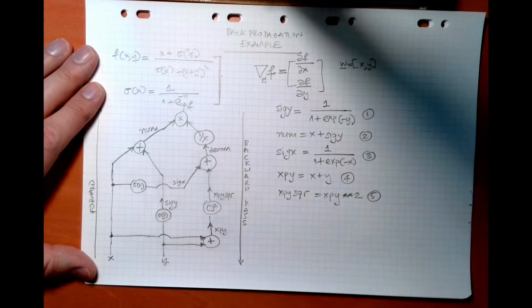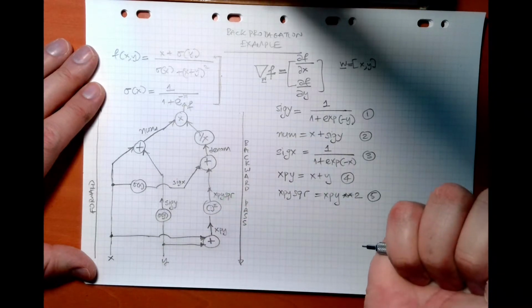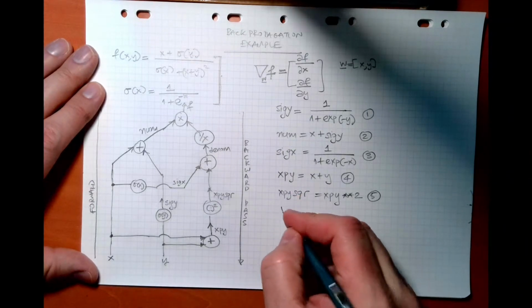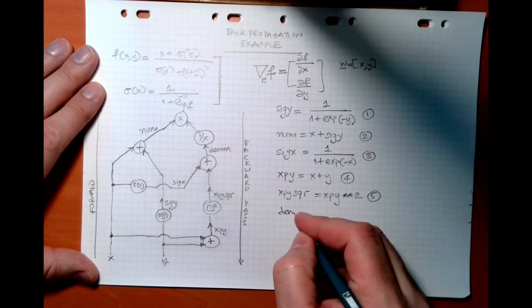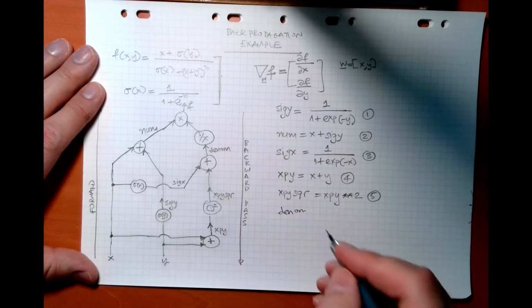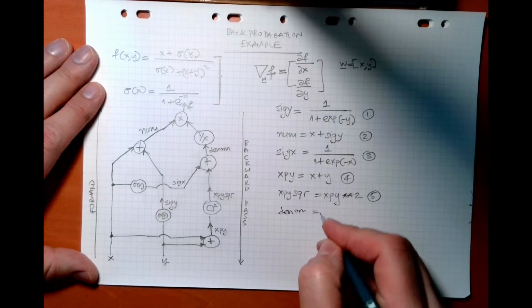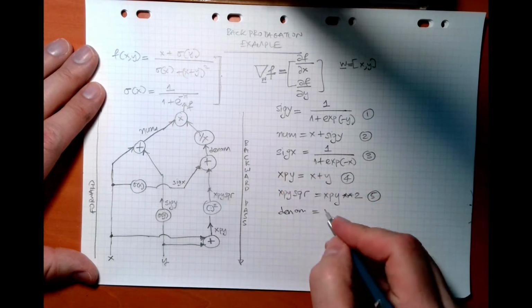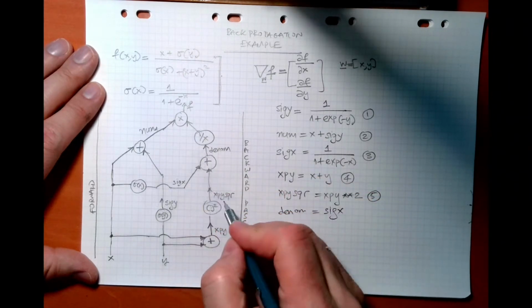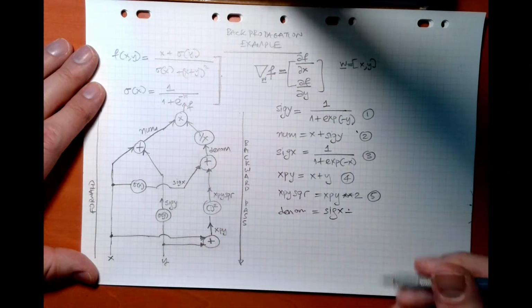Now we can form the denominator, which we call denom. It is equal to sig x plus xpy sqr.